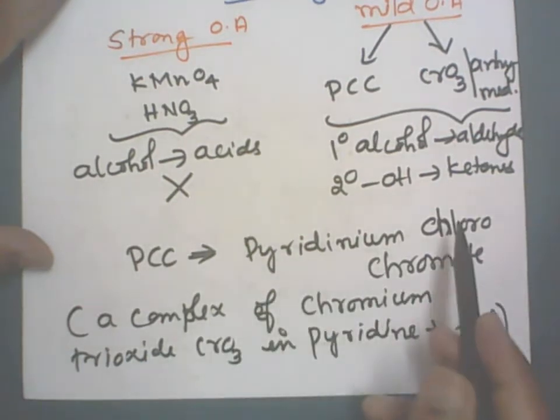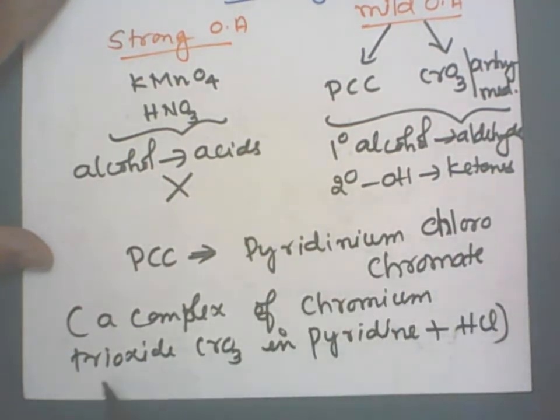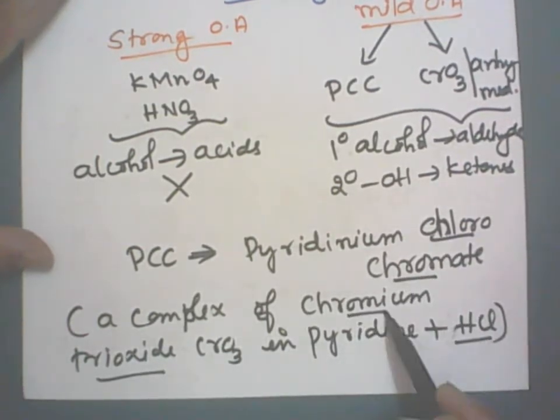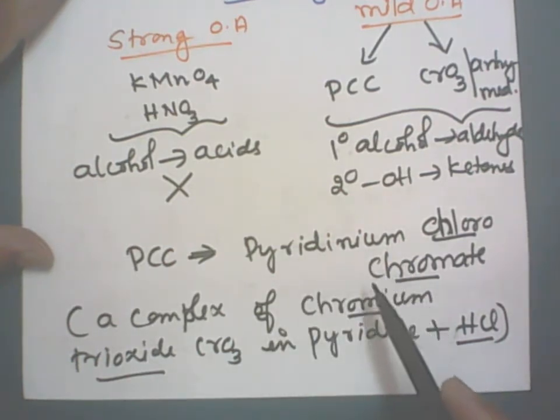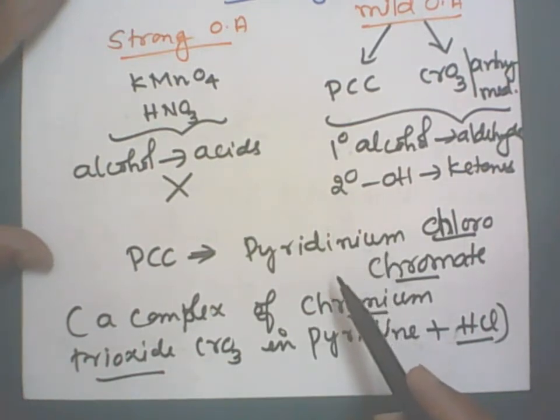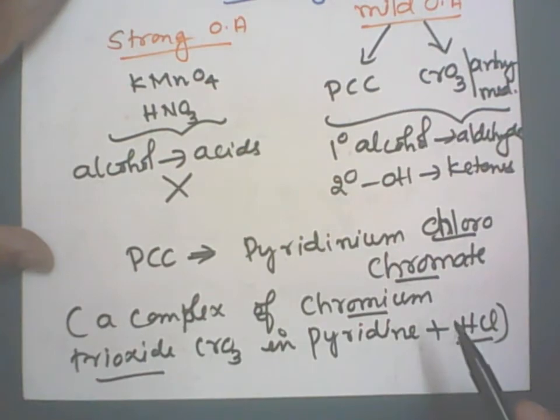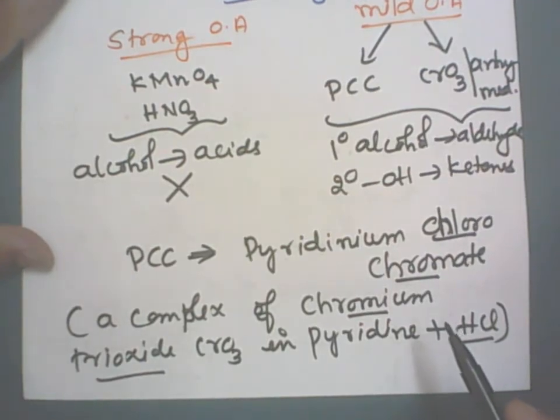So pyridine is there, chloro comes from the HCl, and chromate from the chromium trioxide, CrO3. So this is a mild oxidizing agent, it converts primary alcohol and secondary alcohol into aldehydes and ketones respectively. Right. Now let us see how the reactions take place.